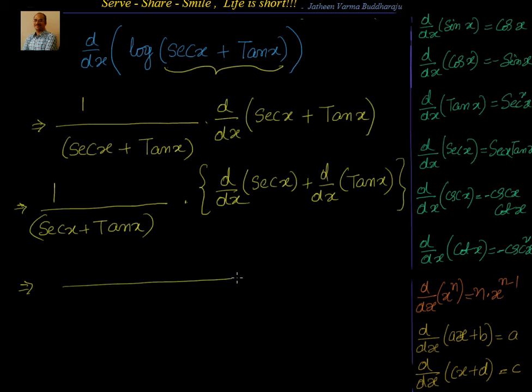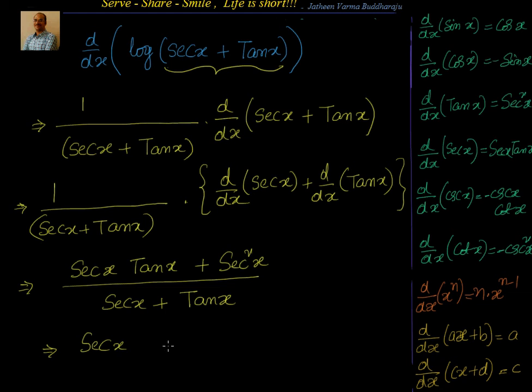Now let's go to the next step. In the denominator I will have secant x plus tan x, but in the numerator, the derivative of secant x is secant x tan x, and the derivative of tan x is secant square x. If you observe, you can take secant x common because I have secant x in both of the terms.